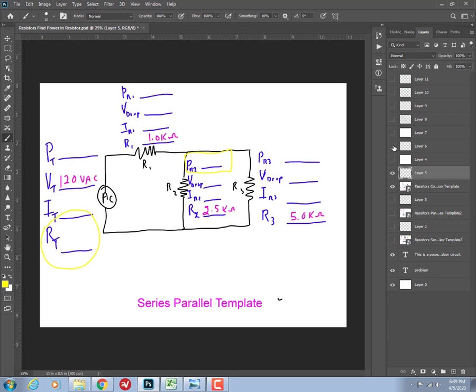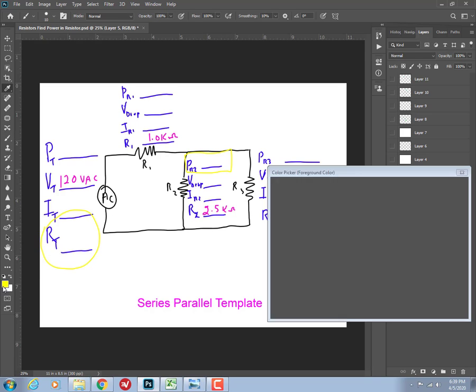The first thing we have is a series in combination with two parallels.